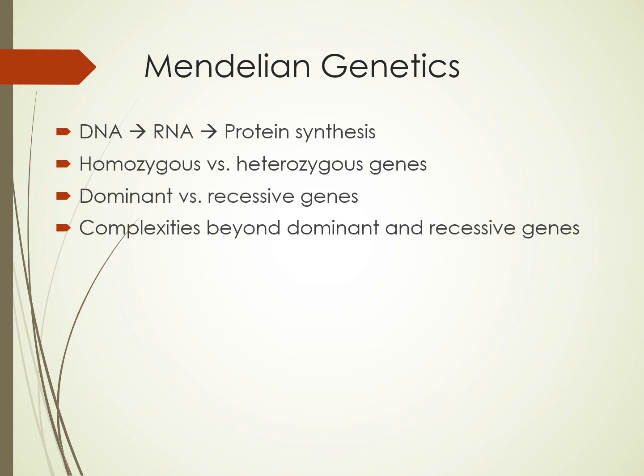And we've discussed the difference between homozygous and heterozygous genes versus the dominant versus recessive genes, and then really started to address the fact that it is more complex beyond homozygous versus heterozygous single gene pairs, dominant and recessive kinds of genes, and we will continue on from there.